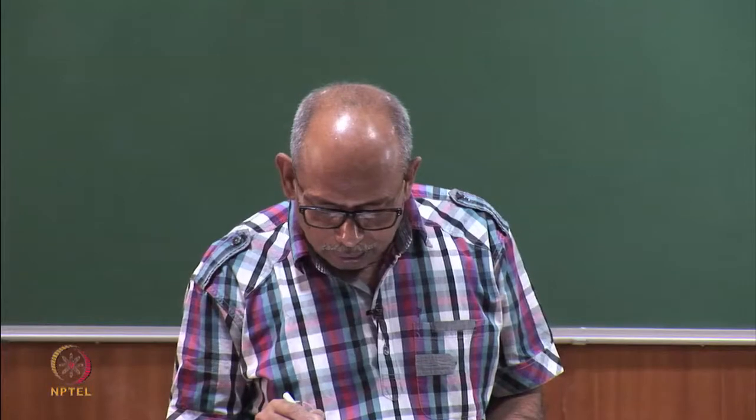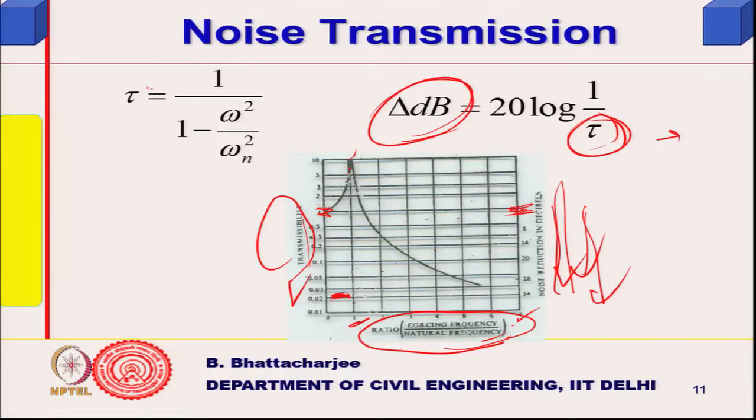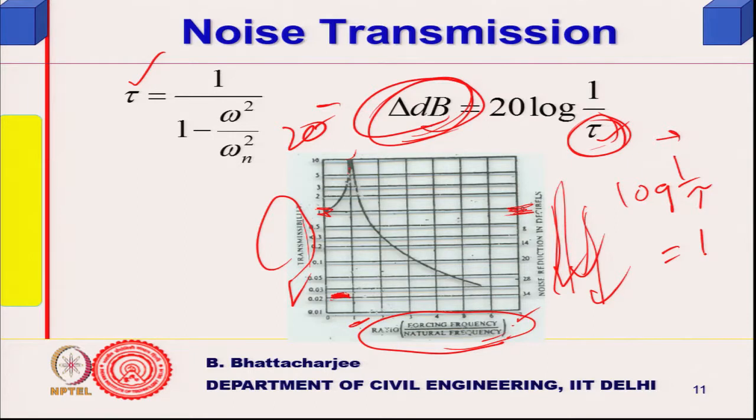So, let us go back to this equation. First I know tau, I will find out from this equation. Let us say I want 20 dB. Corresponding to this, log 1 by tau will be equal to 1, right. So, 1 by tau is equal to 10, am I right?